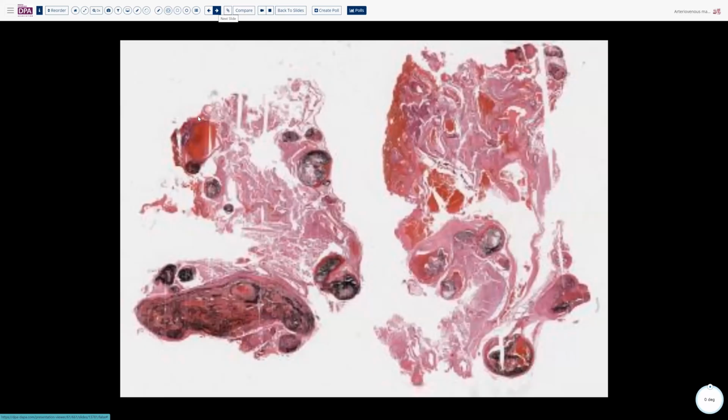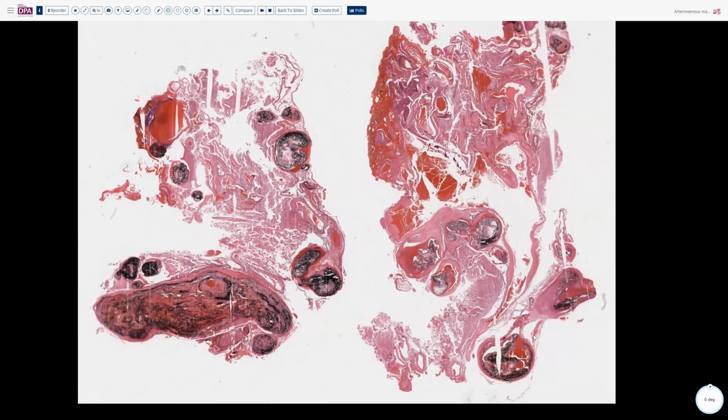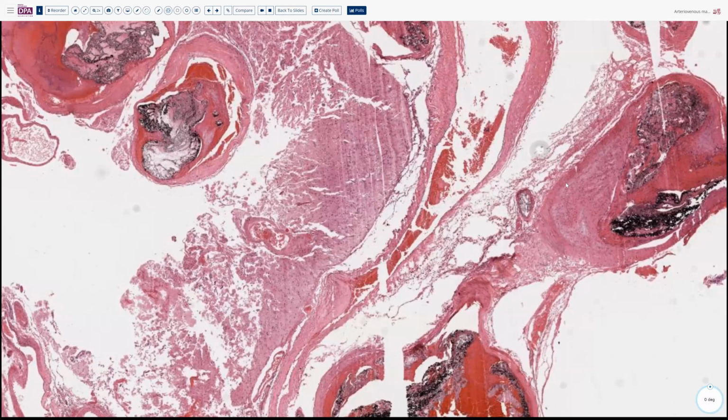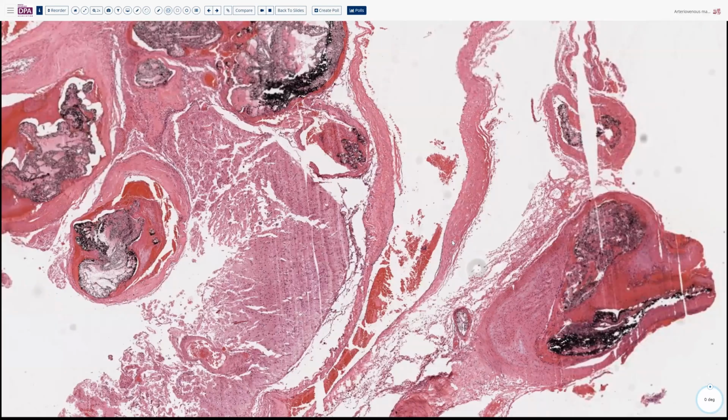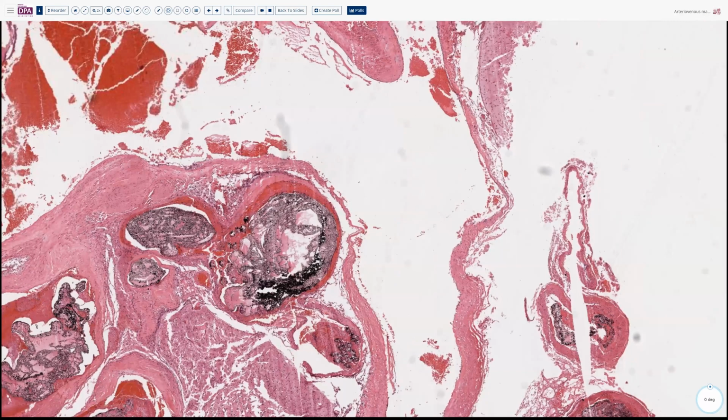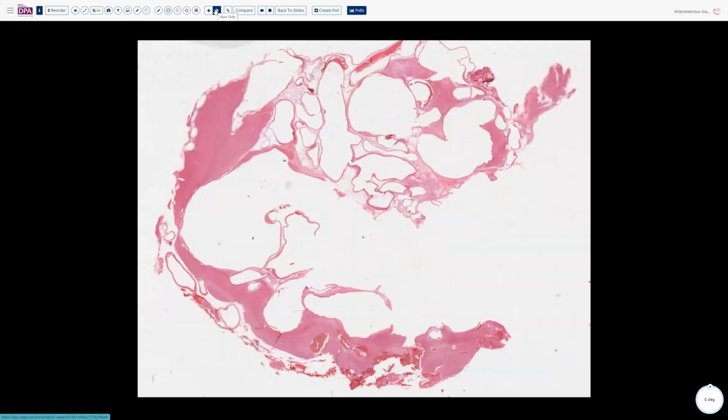One other example, again, I think here we've given you the benefit of the silver stain to help highlight that. You have vessels with variable amounts of that in their wall. And another one here.